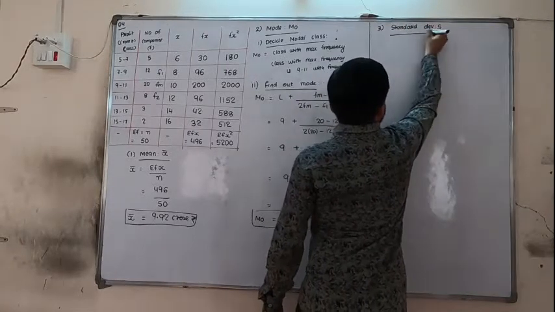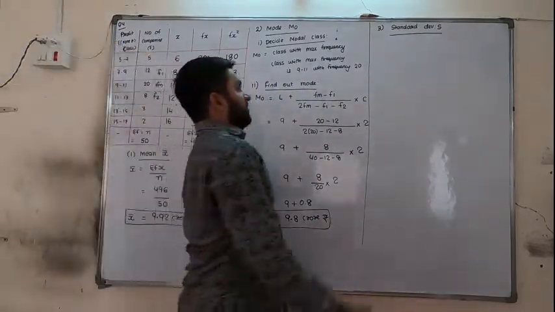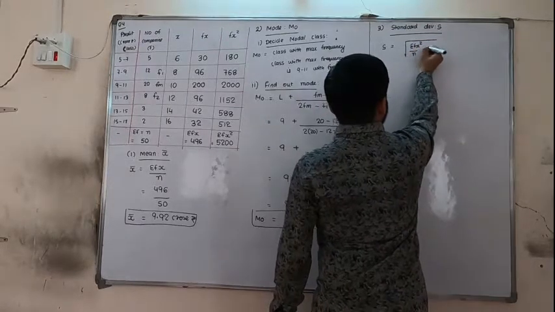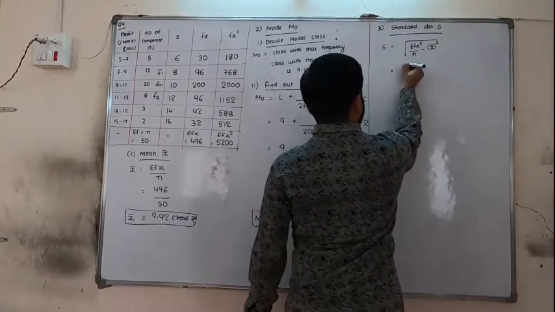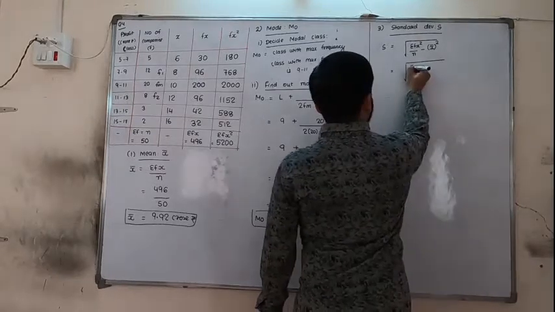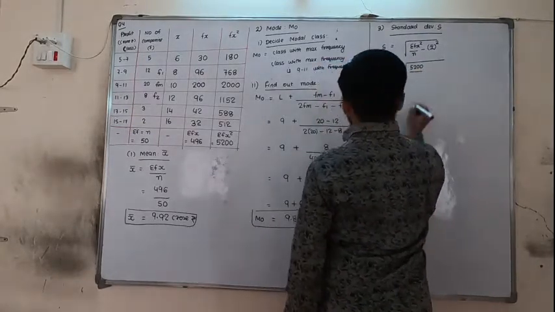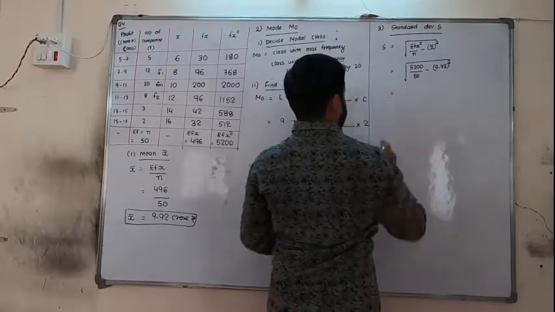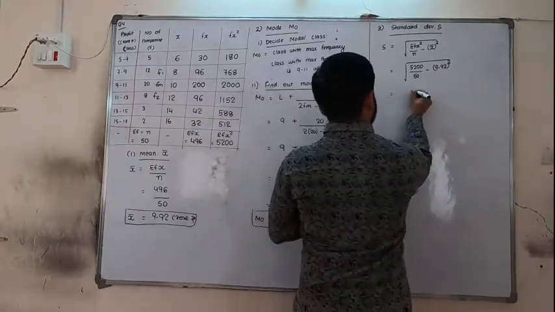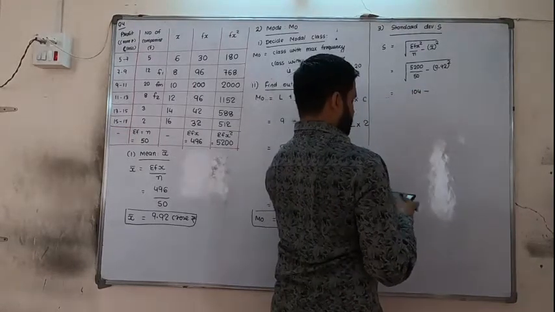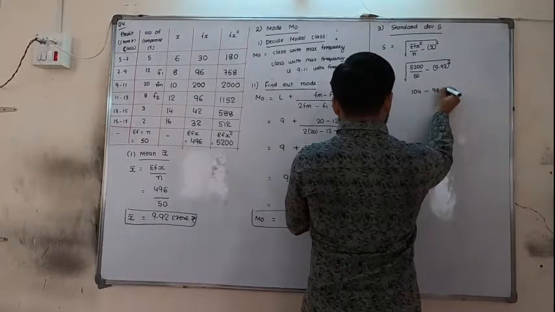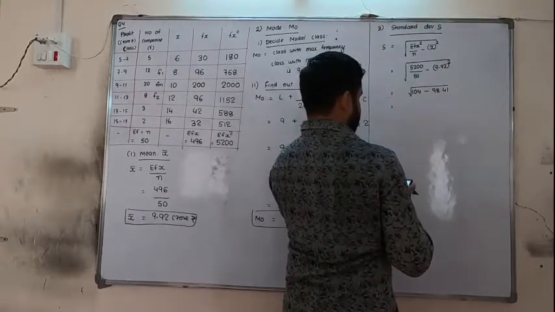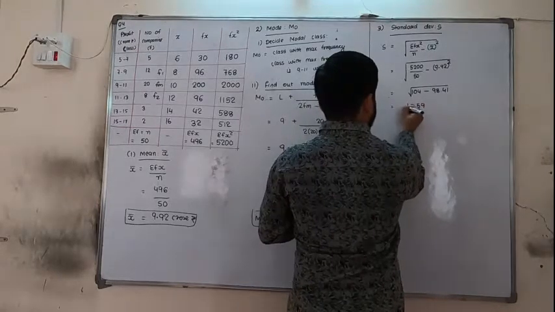Standard deviation S. For that, S is equal to the square root of sigma fx square by n minus x bar square. 5200 divided by 50 minus 9.92 whole square. 5200 divided by 50 is 104, minus 9.92 whole square, 98.41. 104 minus 98.41 is 5.59 in the square root.